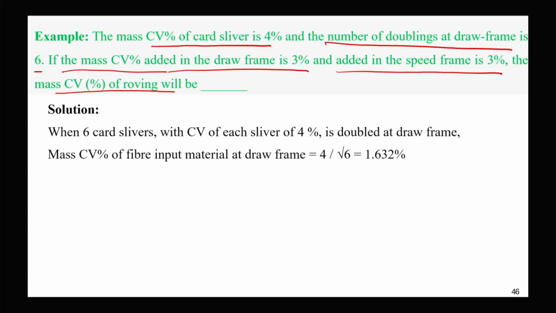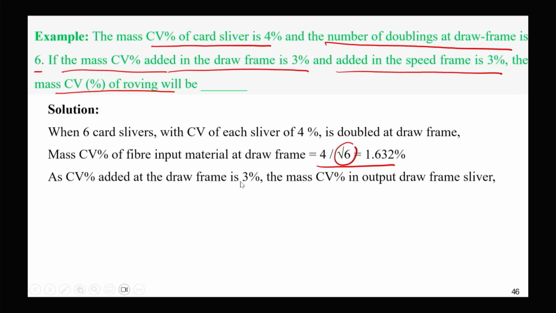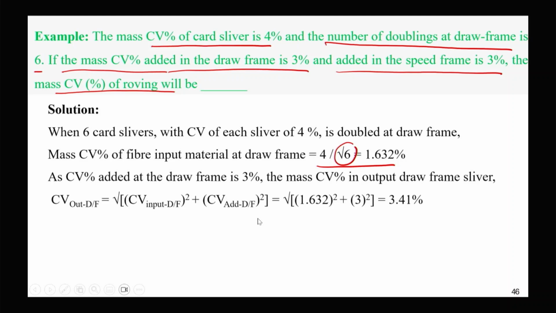The input material is 4 by the square root of the number of slivers, so 1.632%. CV% added at the draw frame is 3%. So the output of the draw frame, that means the draw frame sliver CV%, will be the square root of 1.632 squared plus 3 squared. It will become 3.41%.